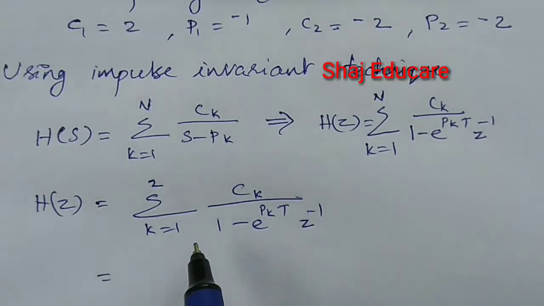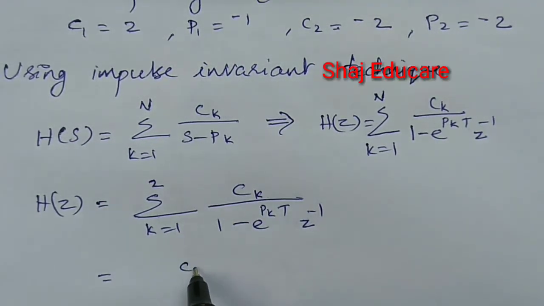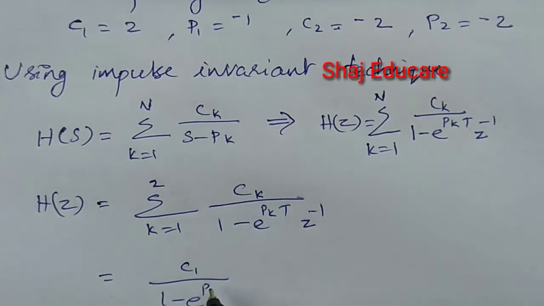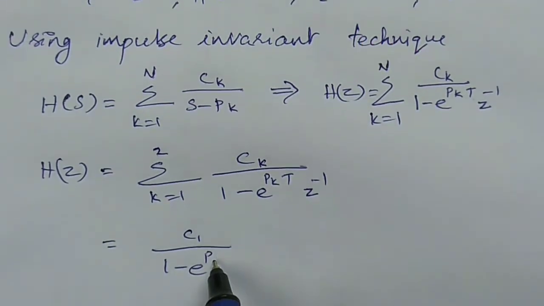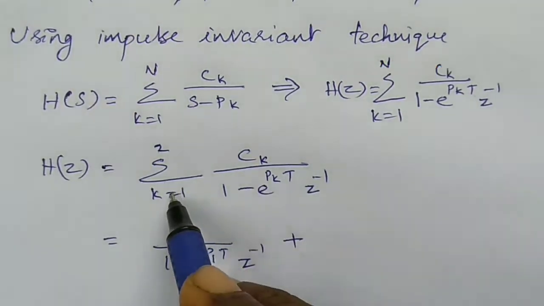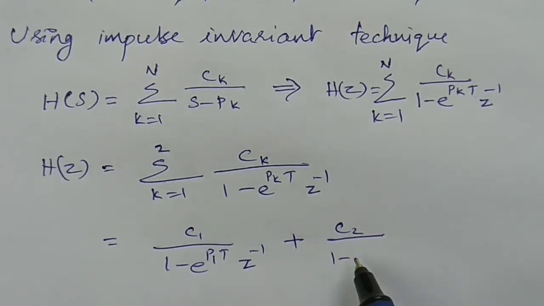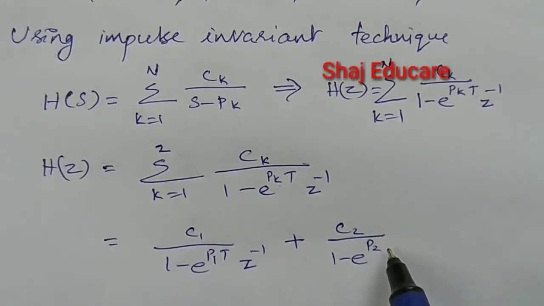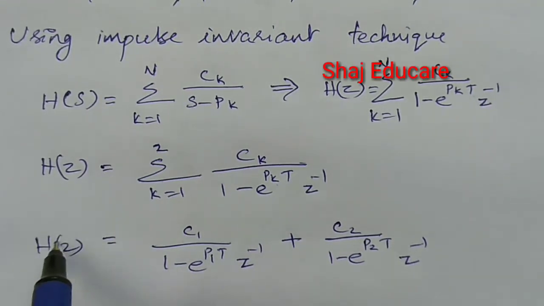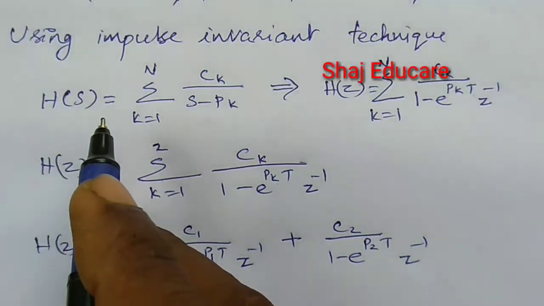Now let us expand this equation. For k equal to 1, we will have c1 divided by 1 minus e raised to p1 t into z inverse, plus for k equal to 2, we have c2 divided by 1 minus e raised to p2 t into z inverse. That is h of z corresponding to the analog filter h of s.